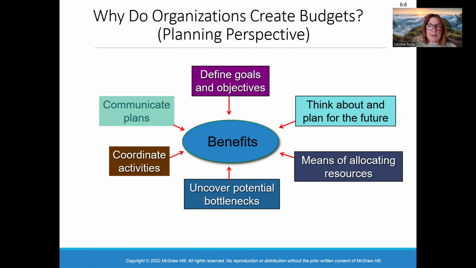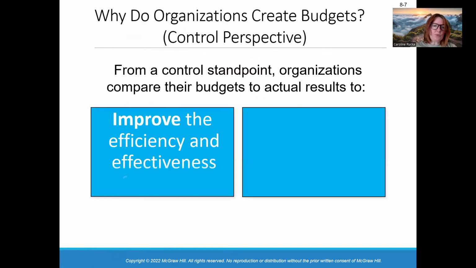Remember, we talked about those bottlenecks last week. We don't have infinite resources, and so we need to figure out how we're going to face those shortfalls. Again, it uncovers potential bottlenecks. It coordinates our activities and communicates our plans to the whole business.